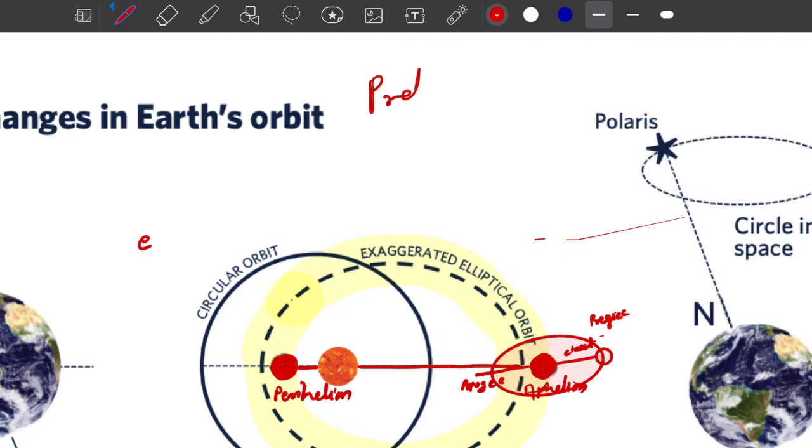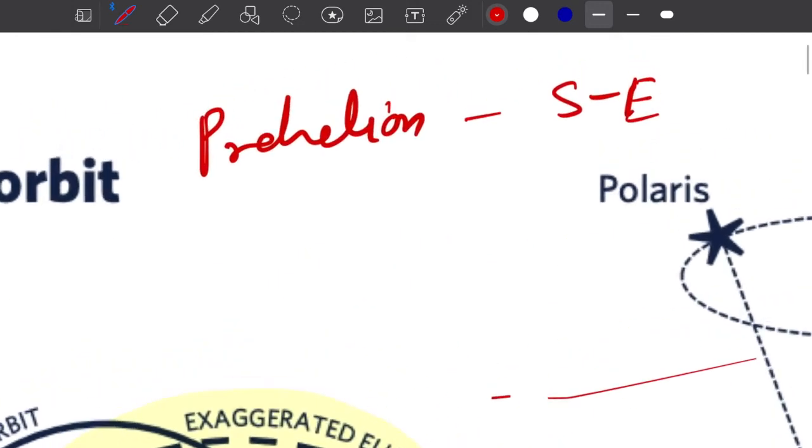The term perihelion is used for the Sun-Earth system, that is, the star-planet system, but the term perigee is used for the Earth-Moon system, that is, the planet-satellite system.